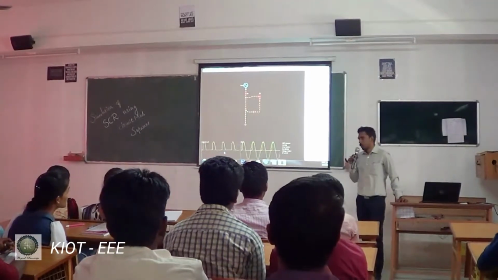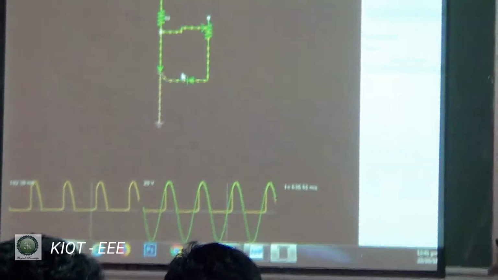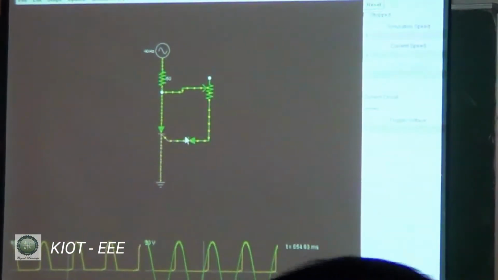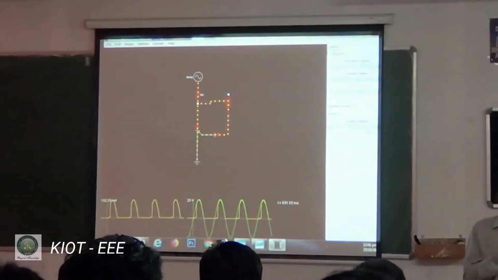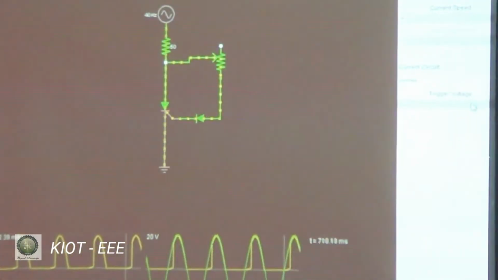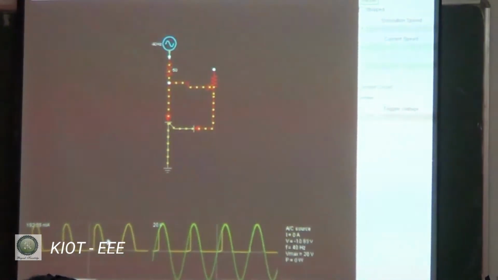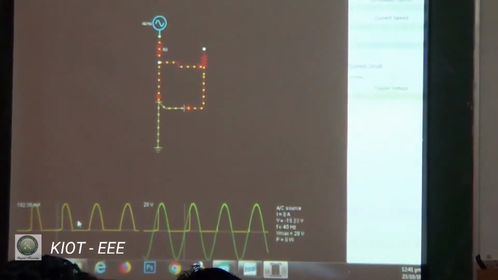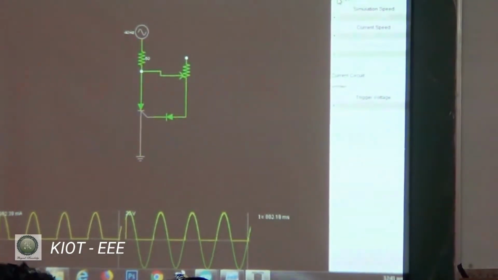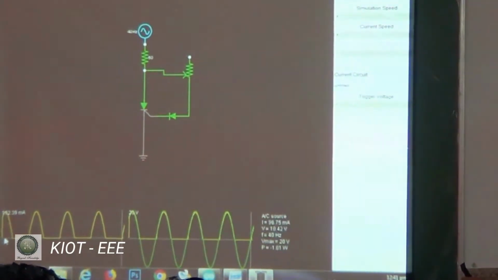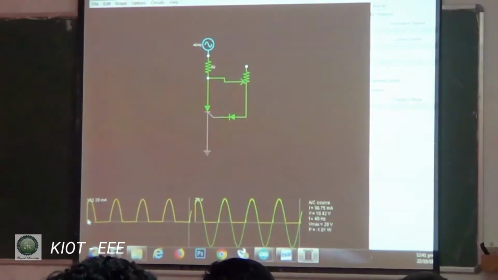The reason is that the voltage which I have applied to this gate terminal is different. The alpha value, which you call the phase angle, is different. So let me vary the phase angle now. That is, I am varying the gate voltage applied to this SCR, and you can now spot the difference. Previously, when the voltage applied to the gate was low, we had a higher phase angle, so there was less output.